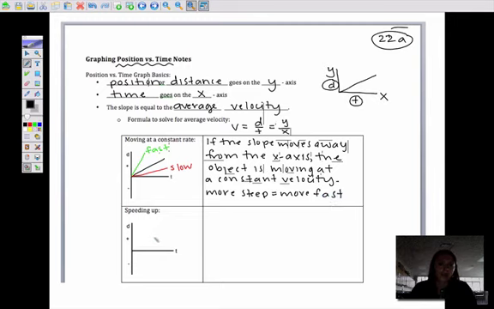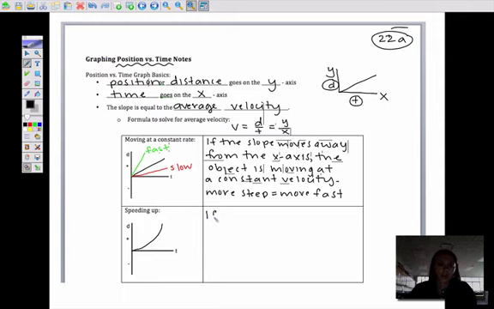So say an object is speeding up, or in other words, it's accelerating. Our graph is going to take on the look of a smiley face like this. So it's starting off slow, it has a kind of a not steep slope, and it gets steeper and steeper and steeper until it looks kind of like a smiley face.